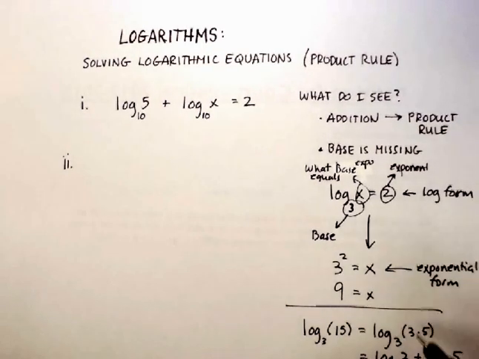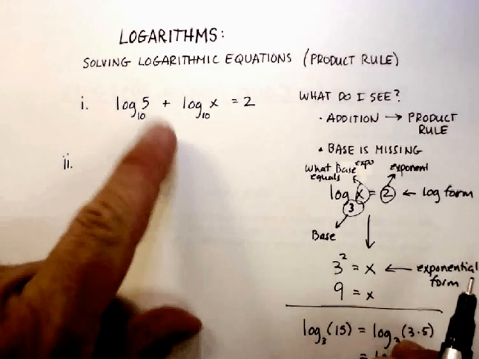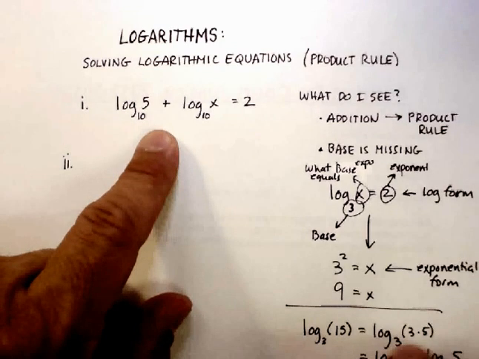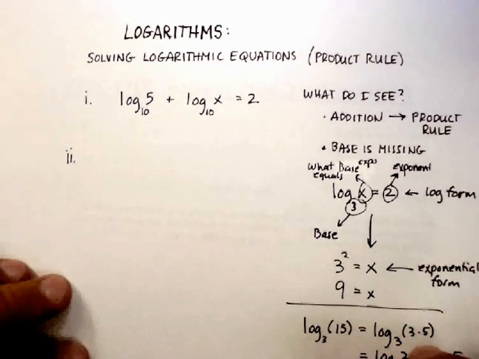Okay? You can take the logarithm of each of the individual factors, and adding them will be equal to the log of 15. But you've got to add them. All right?